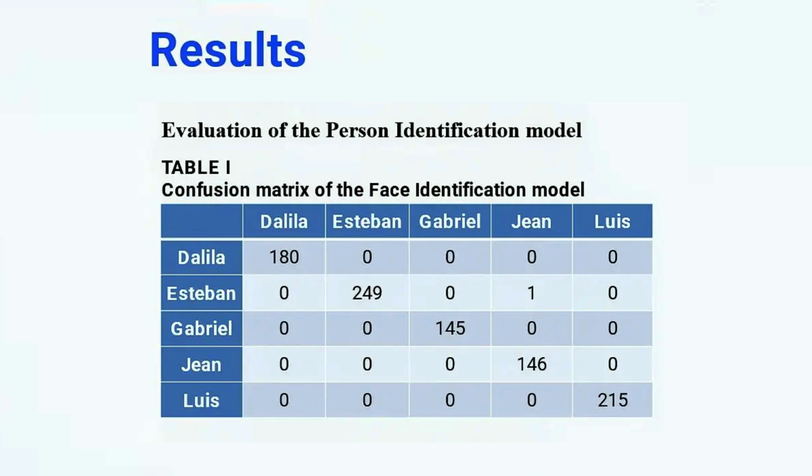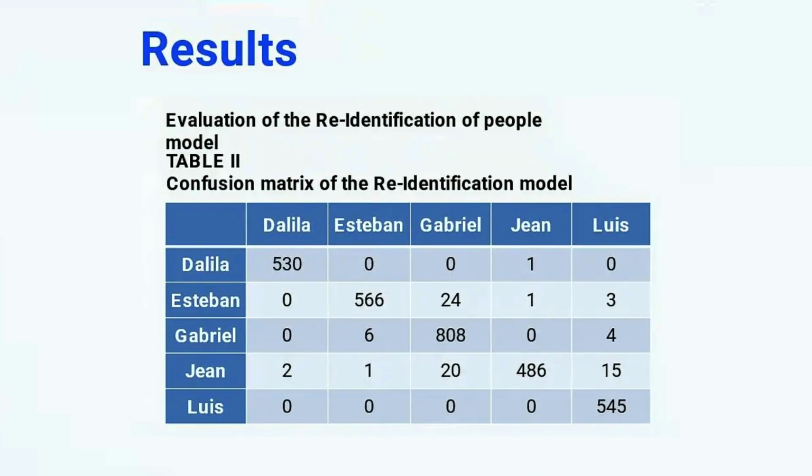The body silhouette-based re-identification model proved to be useful when facial features are not visible. It was evaluated with 5 participants in different conditions, showing good results in the identification of Dalila, Esteban, and Gabriel, but with confusion between Jean and Luis due to the similarity of their silhouettes.